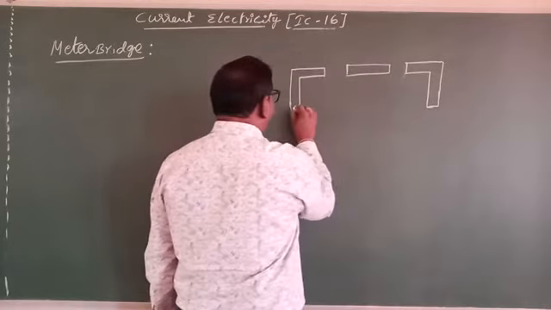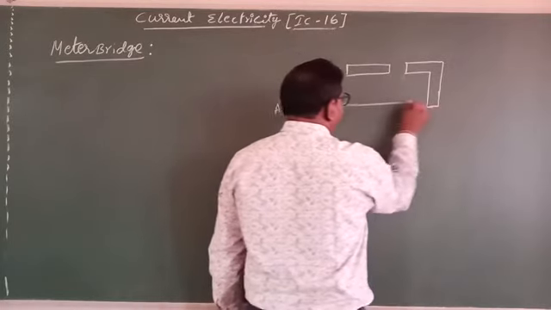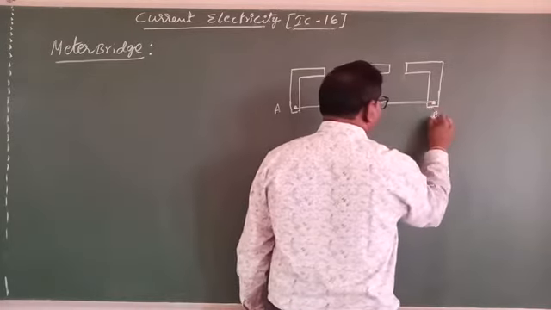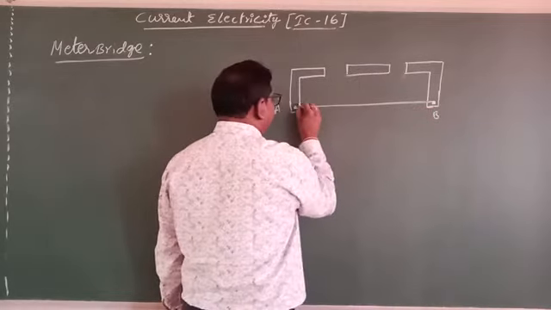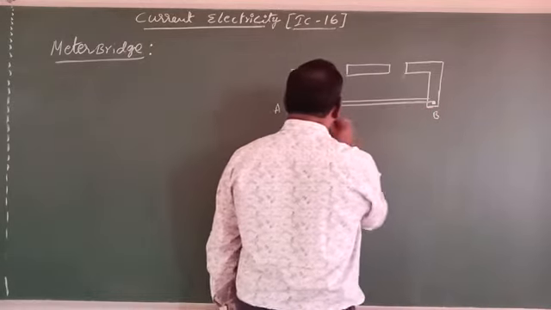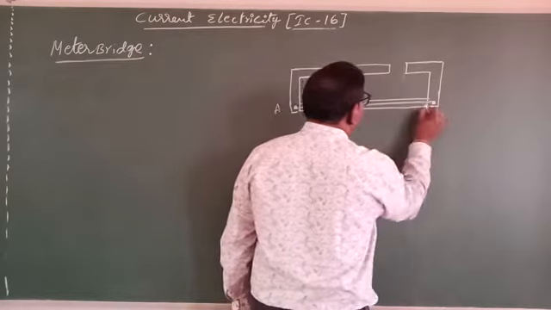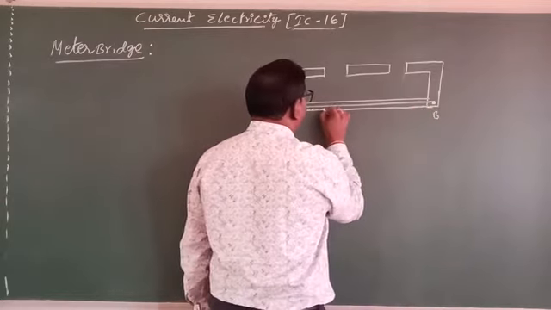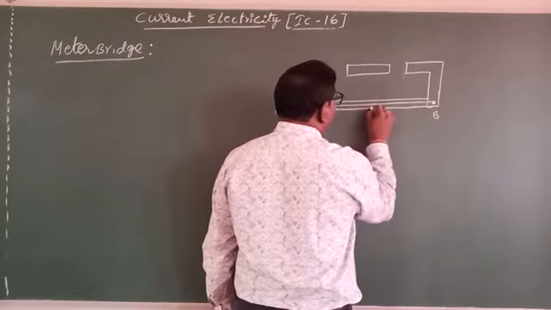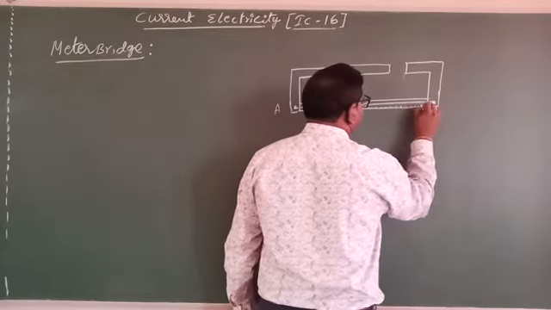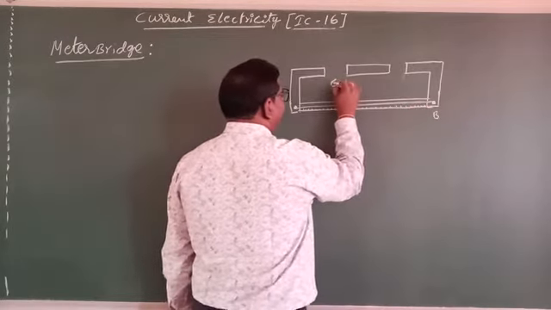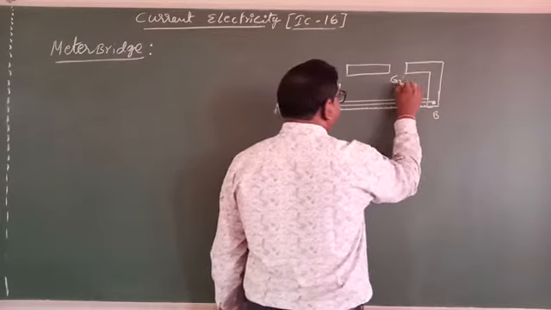Between A and B, upon the 1 meter calibrated scale, we have a 1 meter wire. And here we have 2 gaps, G1 and G2.